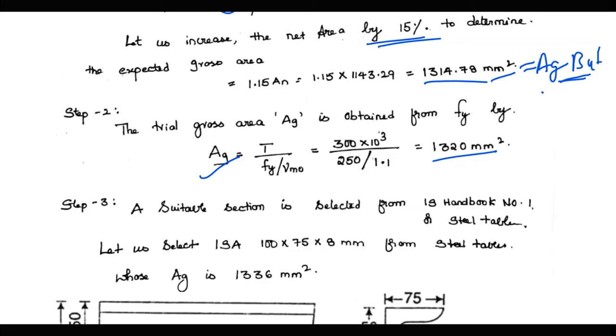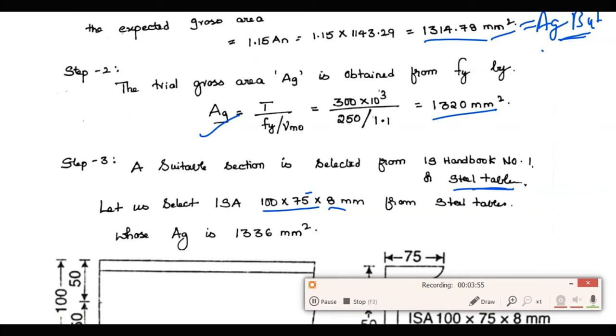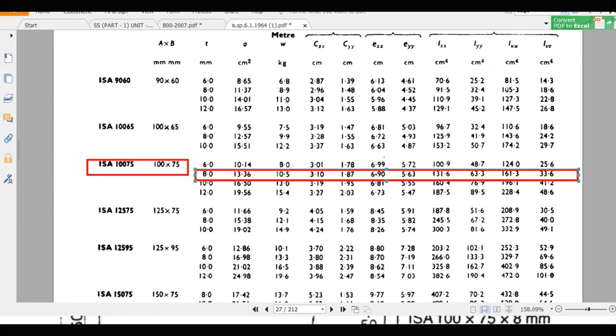So now, based on this 1320 mm square, you have to select a proper section from the steel tables in this step 3. So let me just show you. We have selected ISA 75 75 8 mm, right? 75 75 8 mm. As you can see, 75 mm of thickness 8 mm is more appropriate or sufficient.